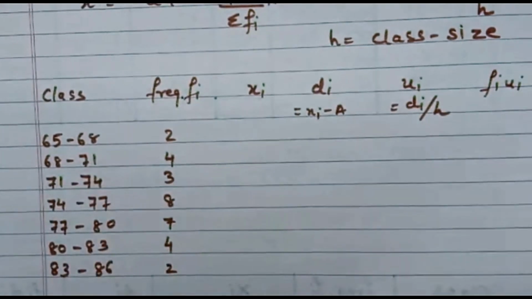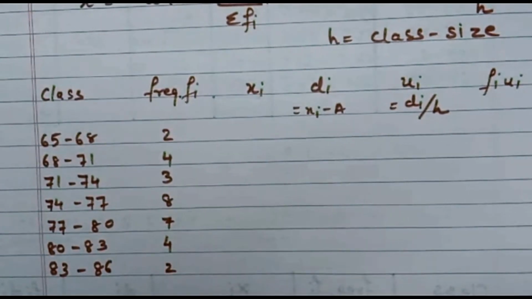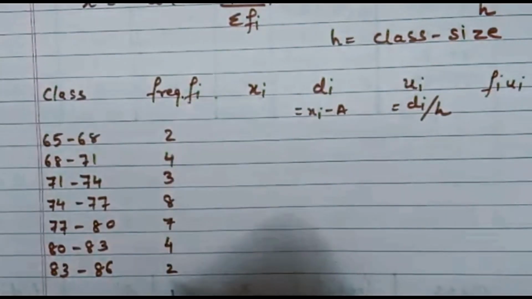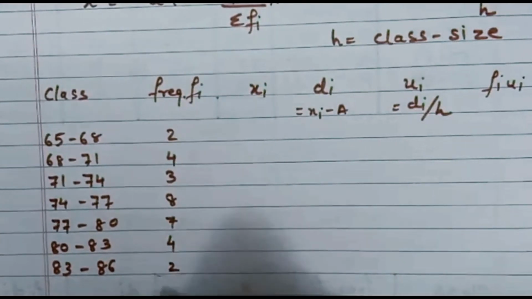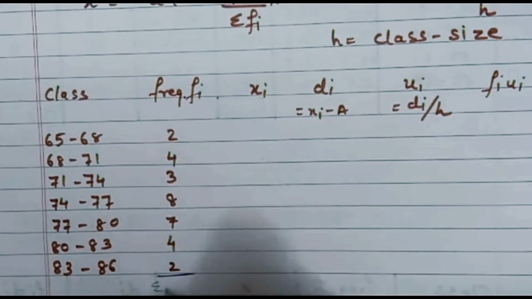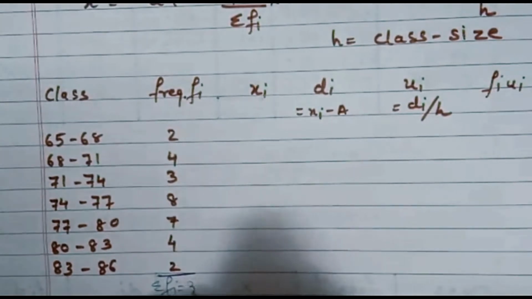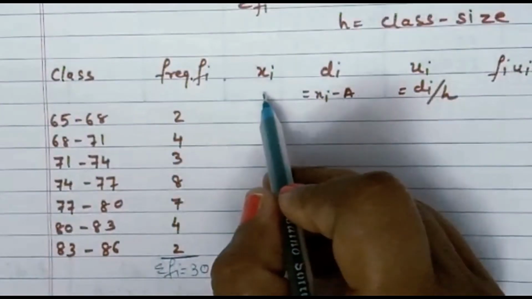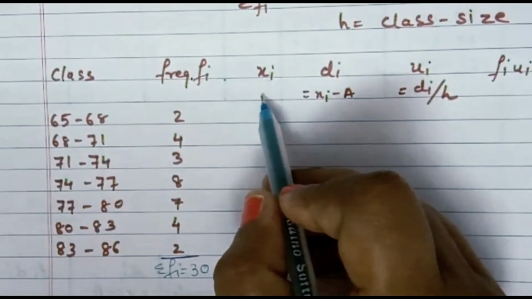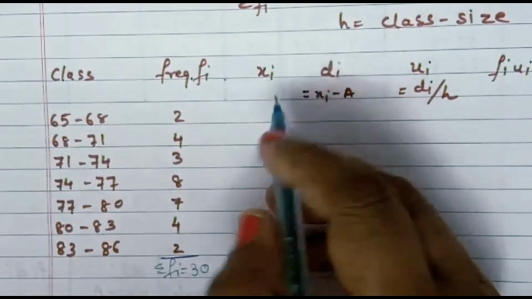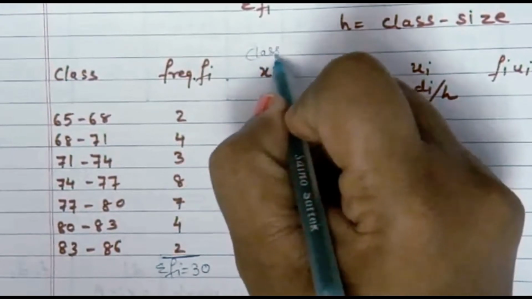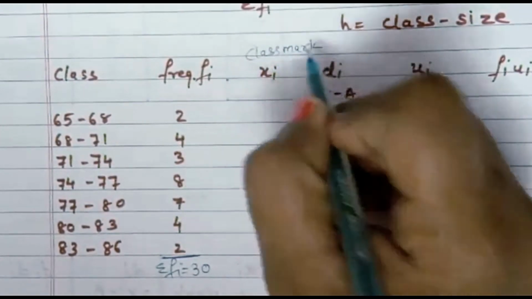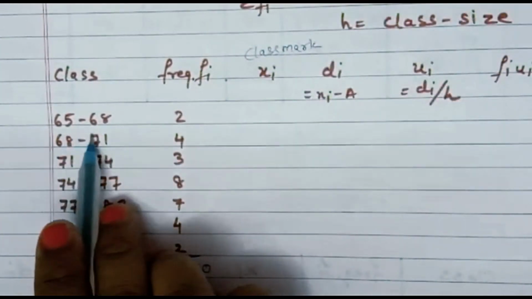So this is an example of continuous class. Here we have frequency. If I add it up, I'll get the total sigma fi, which is equal to 30. Now again the third column, which is xi. I told you previously, xi stands for class mark, that means the average of lower and upper limit.